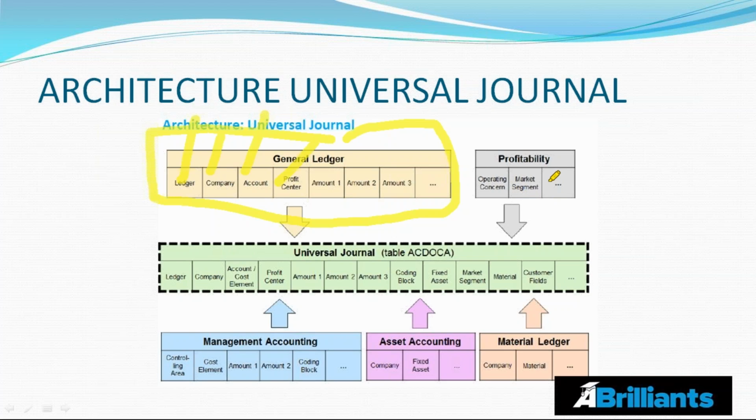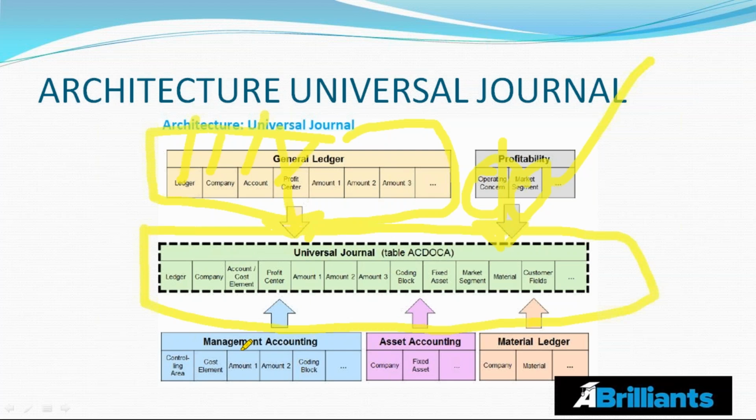On the next slide, you have profitability, you have your market segments, you have your operation concerns, and all of this inflow of information moves into one unified journal. This unified journal embraces all of the inputs of data and analyzes them into different forms, into management accounting, asset accounting, and material ledger.